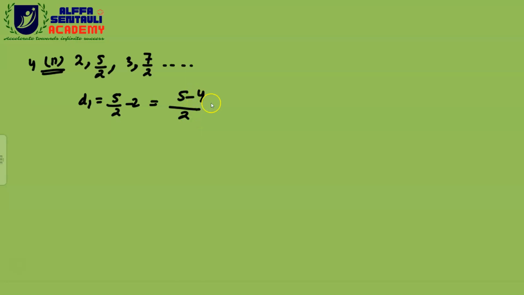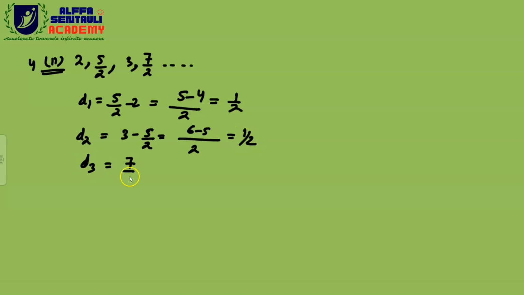Correct? Then D2, D3, 1 by 2, 7 by 2, 1 by 2. So you will get, beta, common difference is constant. So if the common difference is constant, then you can say this series is in AP.